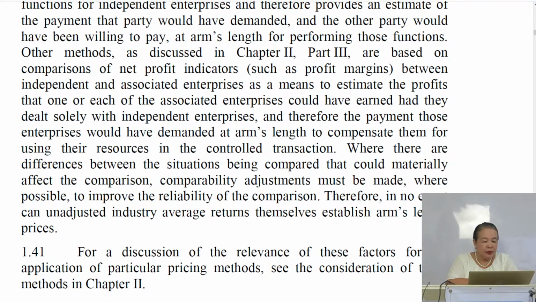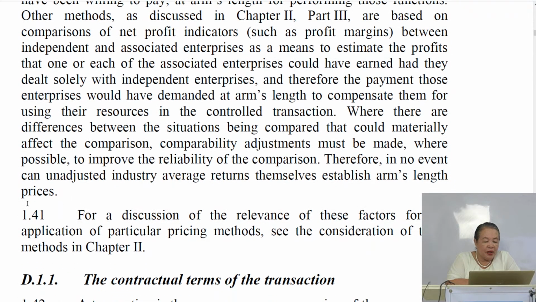So other methods discussed in Chapter 2, Paragraph 3 are based on comparisons of net profit indicators. That's why in the study of transfer pricing, we have what we call profit indicators and we compute the ratios, between independent and associated enterprises as a means to estimate the profits that one of the associated enterprises could have earned had they dealt solely with independent enterprises.